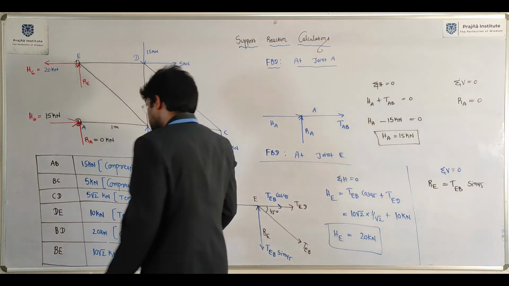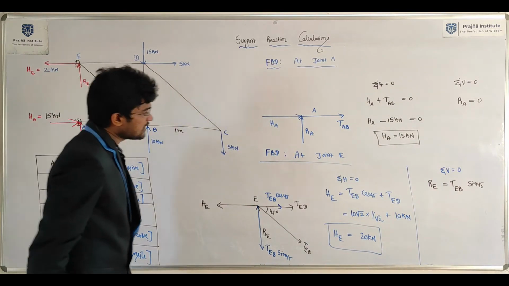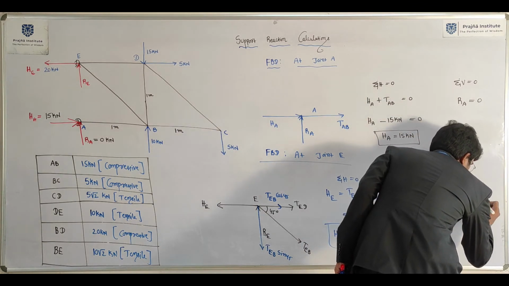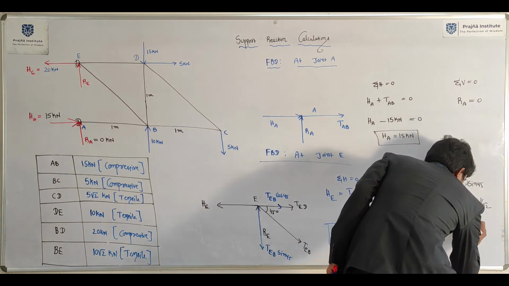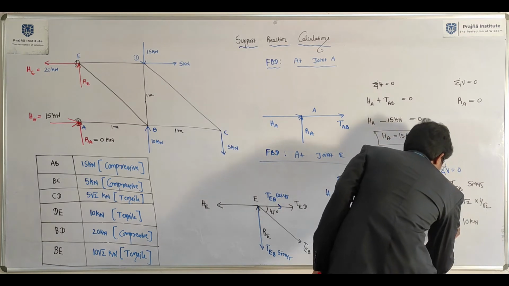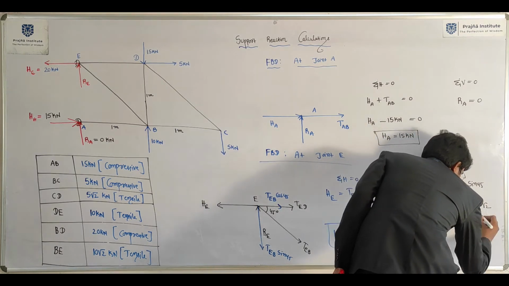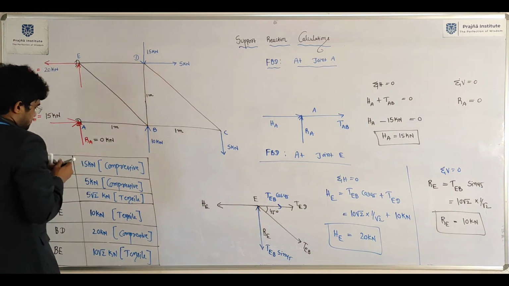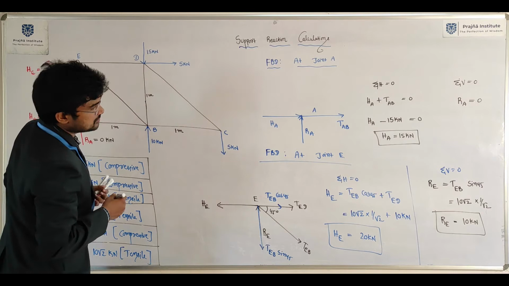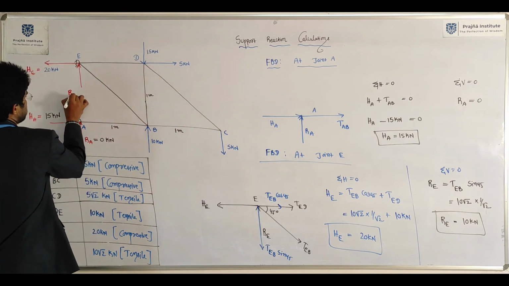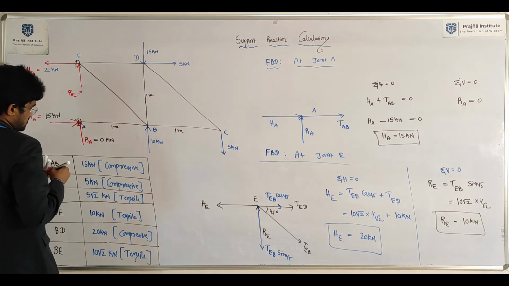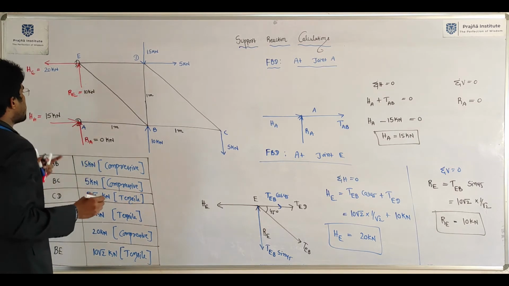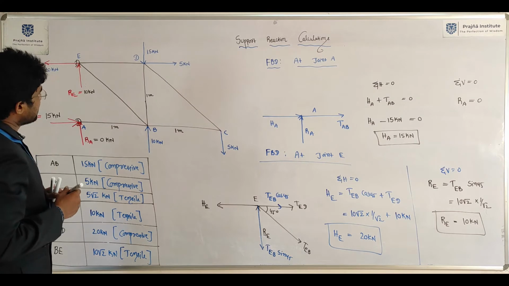Now, what is force in the member BE? 10 root 2 kilonewton. 10 root 2 into 1 by root 2 equals 10 kilonewton, that is reaction at E. RE equals to 10 kilonewton.